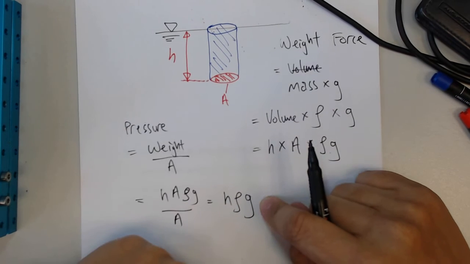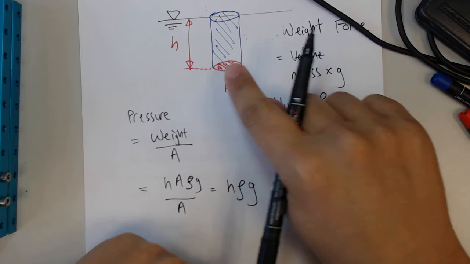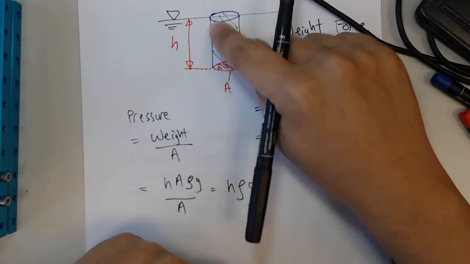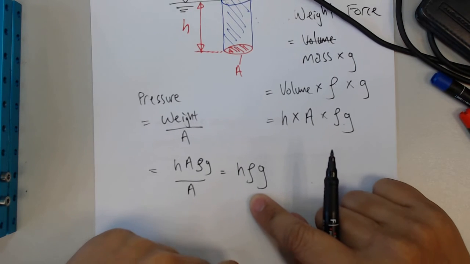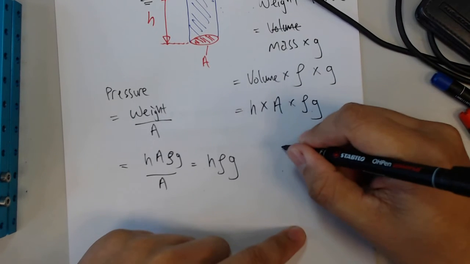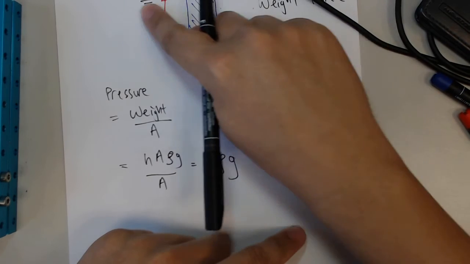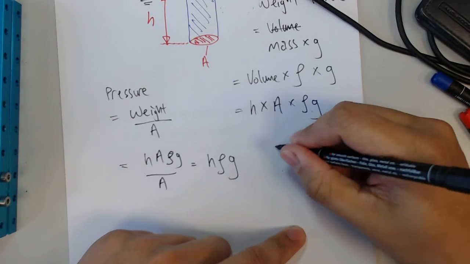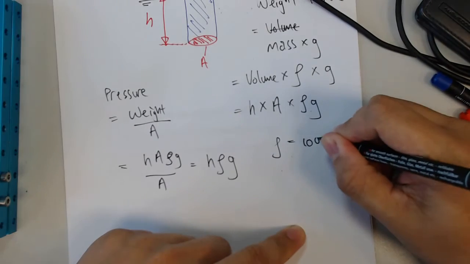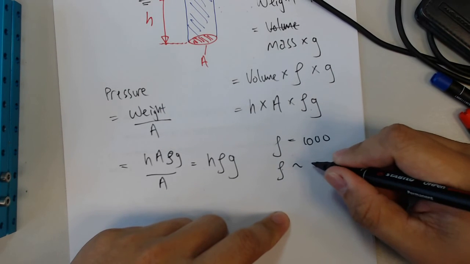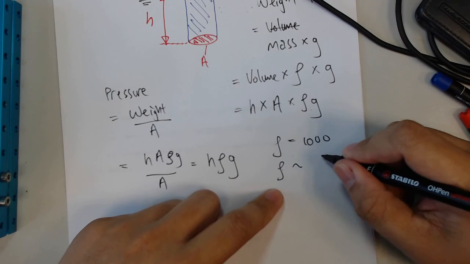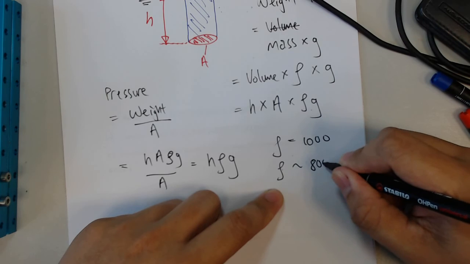Depending on the density of the fluid, the pressure value will be different. For example, if this is water, then density will be equal to 1000. If it is oil, usually the density is less than that of water, which will be about 800.